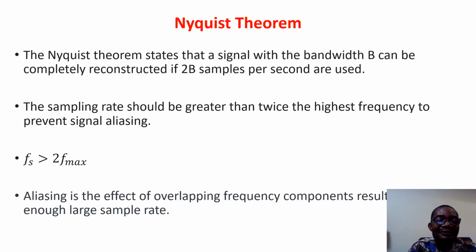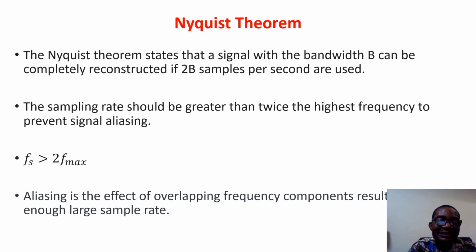The sampling rate should always be twice the maximum frequency to prevent signal aliasing. So the sampling rate is usually greater than 2 times the maximum frequency of the samples.